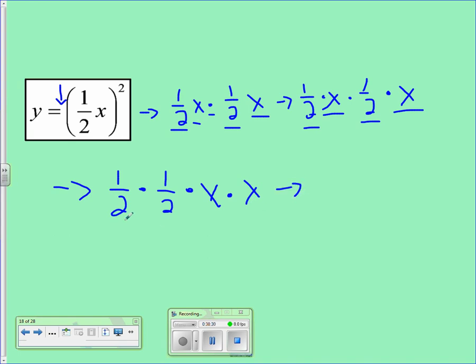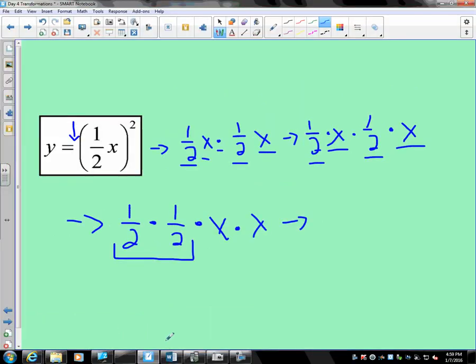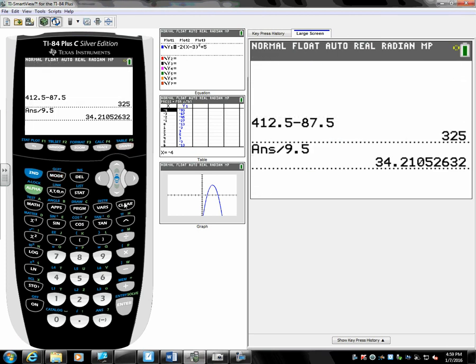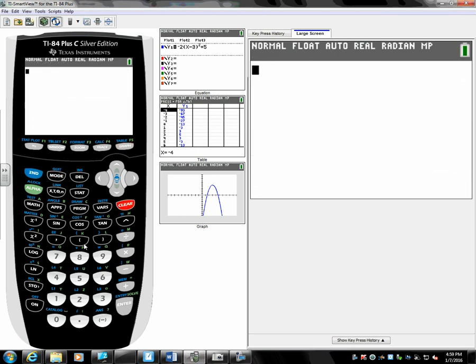And now all we need to do is just multiply what is 1/2 times 1/2. Well, let's check this in our calculator. Okay? So let me go to the home screen. I just need to multiply two numbers together. Fractions go in parentheses. So parentheses 1/2, 1 divided by 2, times 1/2, parentheses 1 divided by 2.